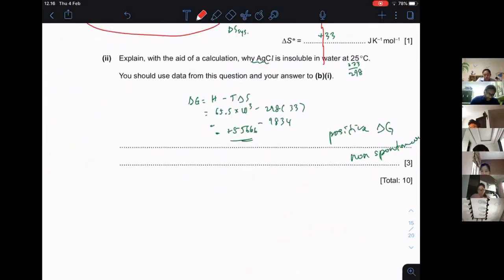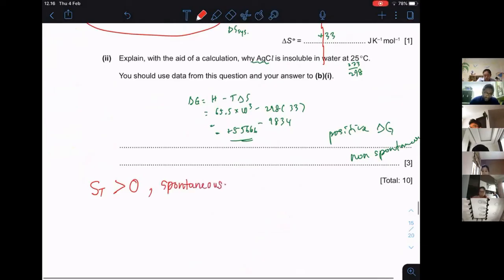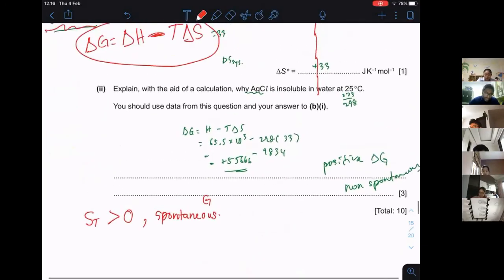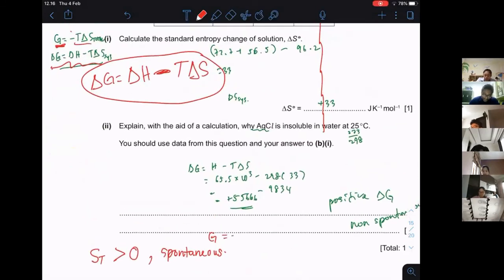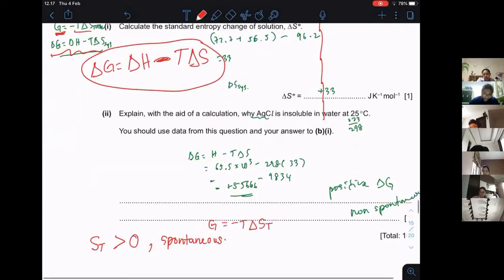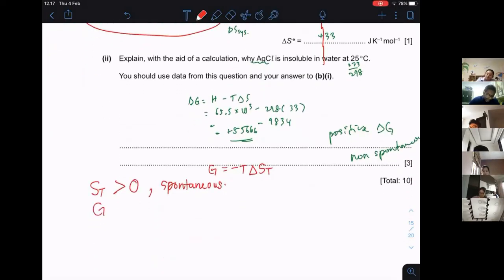If your S total is positive, more than 0, then the reaction is spontaneous. But since the Gibbs free energy is negative T times the entropy of the total, this is going to be different. If the Gibbs free energy is less than 0, negative, then it's spontaneous.